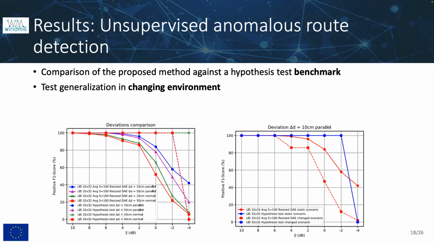It's because the closer the deviation is, the more similar to the training set that was trained in the correct position. So that's why when we have a smaller deviation, we are able to detect better. So this is kind of an inherent advantage of using a radio map sensing strategy with this approach.